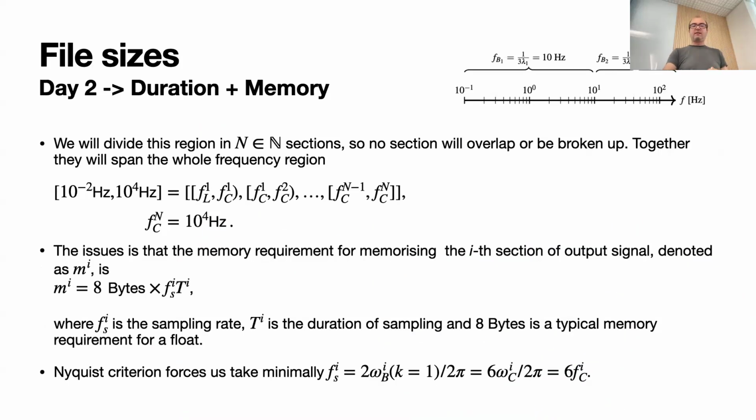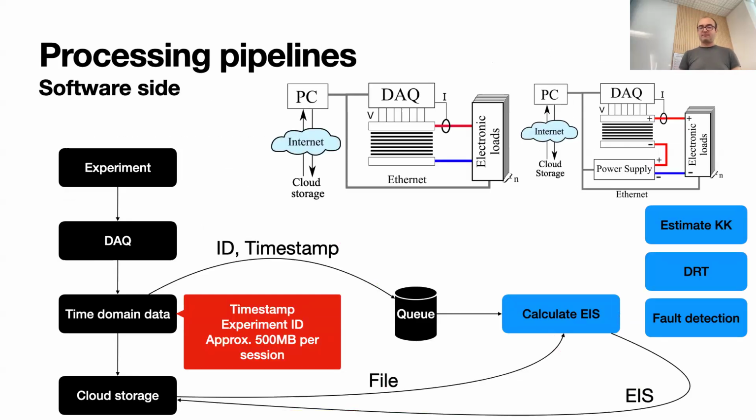I was talking yesterday about file sizes. So I'm going to jump these 3 slides and concentrate on file sizes and why this is a problematic thing that should be taken care of. In Daejeon, we are using quite an efficient storage format. It generates approximately 25 megabytes of data per ice.